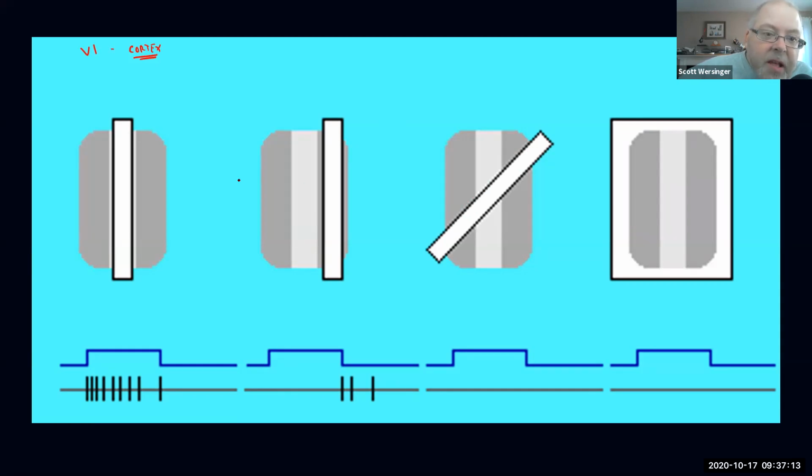Okay, so if you think about this, this is going to be a way of helping us detect an edge. We can tell right where that bar of light is. When this cell increases firing, we know right in space where that bar of light is. When we're inhibiting firing, again, we still know where that bar of light is. We have some idea.